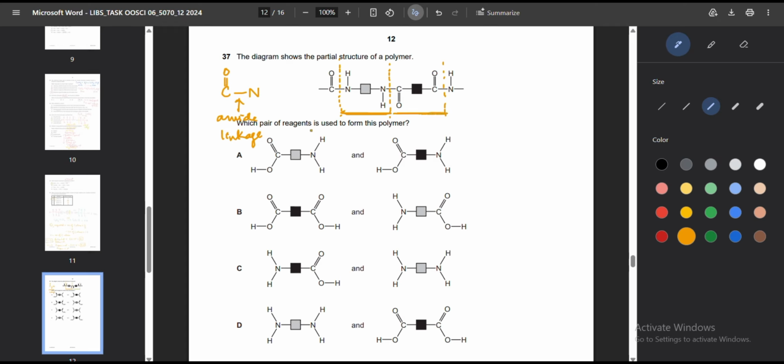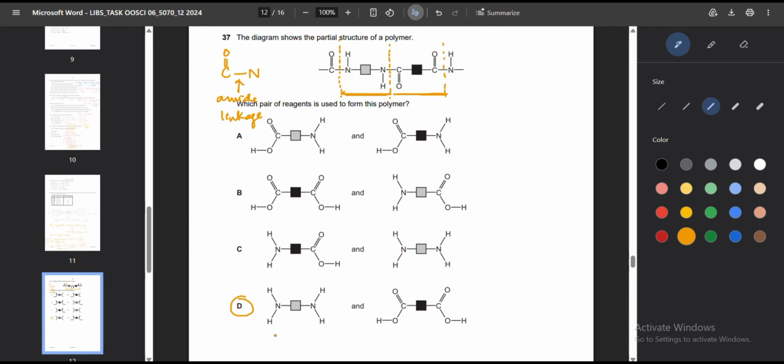So what would be the correct option? Option D. All right, this is one monomer, and this is the other monomer.